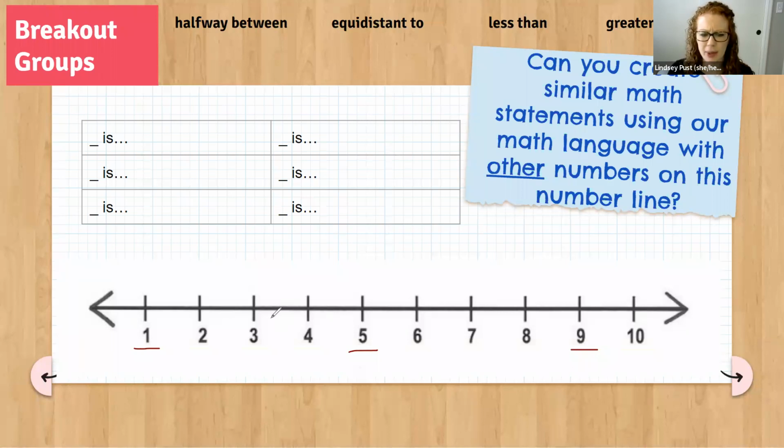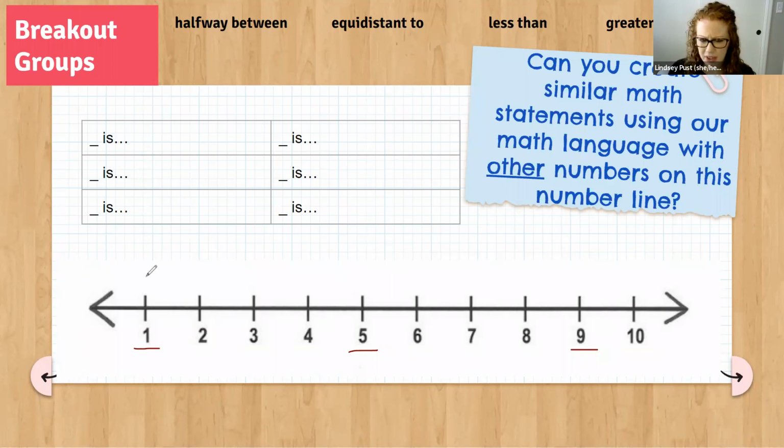Good observation about 0 not being on the number line. Where would 0 be if it was on the number line? It would be less than 1.